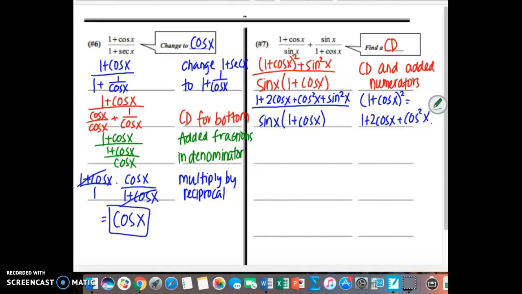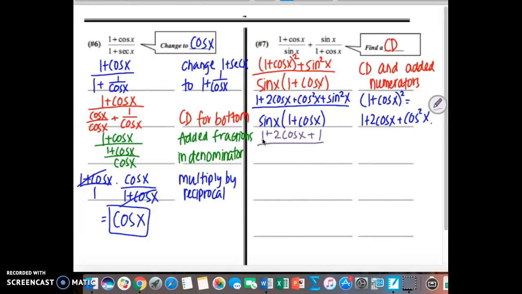So now notice in the numerator how we have cosine squared of x plus sine squared of x. That is one of our Pythagorean identities. We know that cosine squared of x plus sine squared of x equals 1. So simplifying this, we will now have 1 plus 2 cosine of x plus 1 in the numerator.